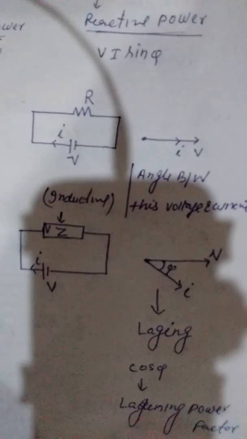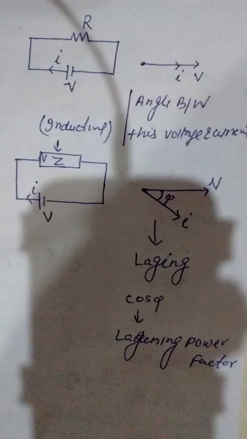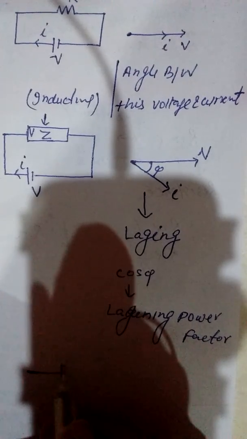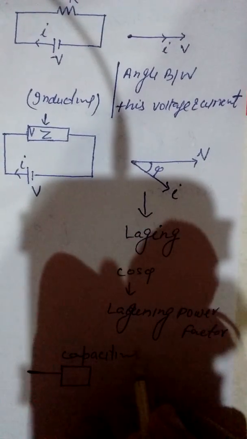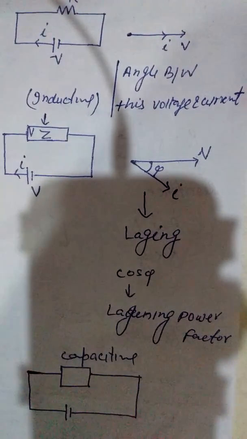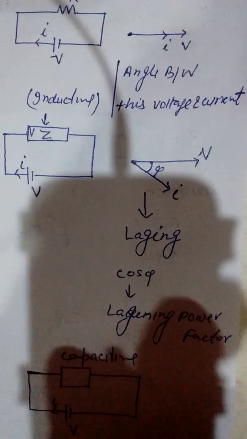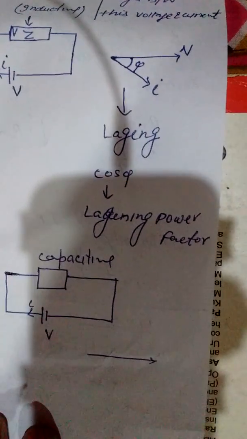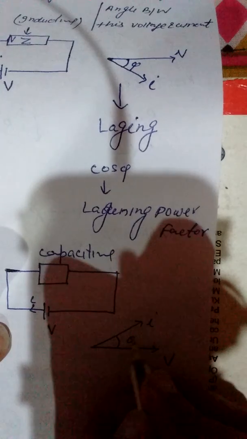Now, if you consider this load is capacitive, and also excited by a battery source, then this is V and this is current I. The phasor diagram of this circuit will be this is V and this will be I, and this will be phi.